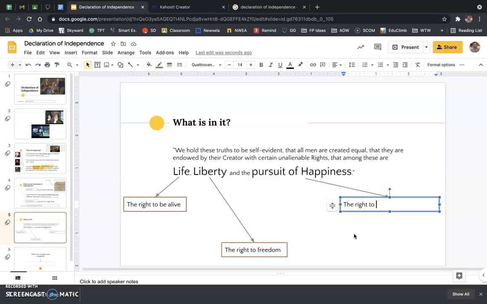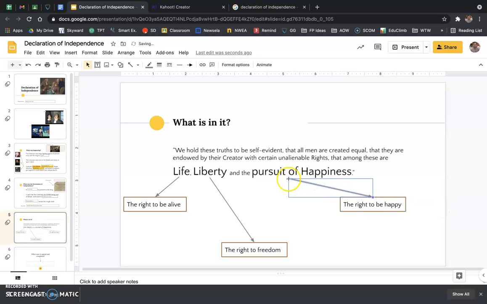The right to be happy. So what that means is that pursuit of happiness, if you want to do a certain job, like I chose to be a teacher, this is what makes me happy, right? The right to be happy, the right to choose what you want to do in life.